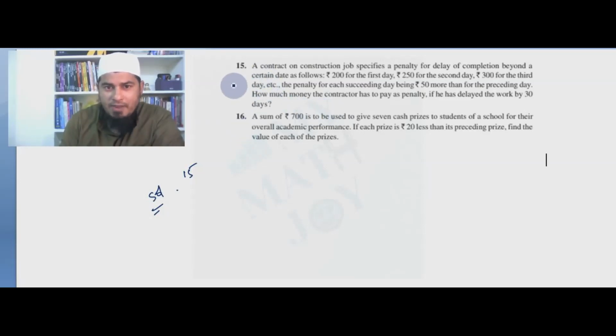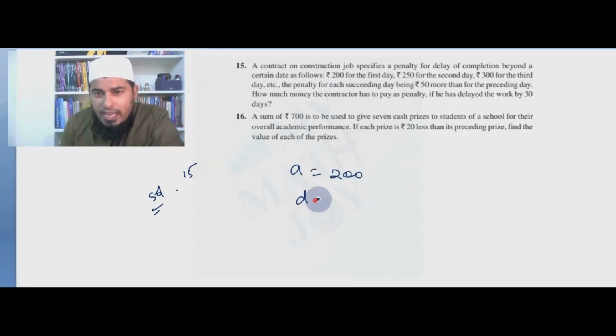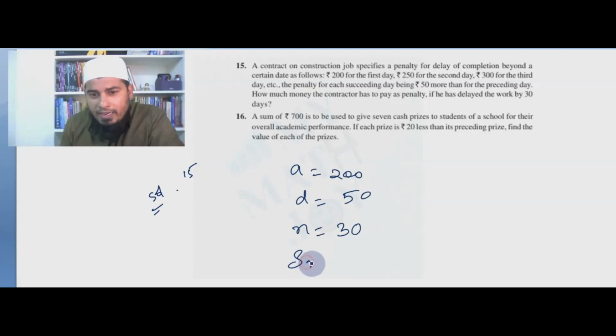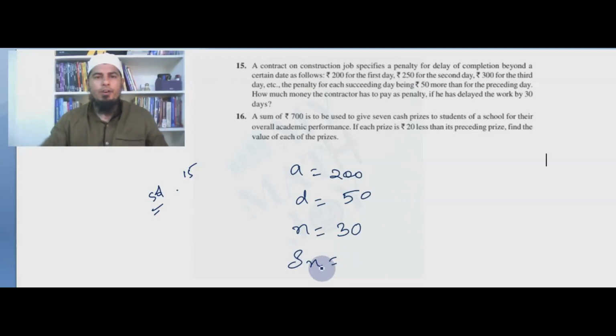If you are writing the given for this question, you will have a as 200, d as 50, and n, how many days he is delaying the work, as 30 days. You need to find Sn. The formula is in front of you. Sn is equal to n by 2 into 2a plus n minus 1 into d.